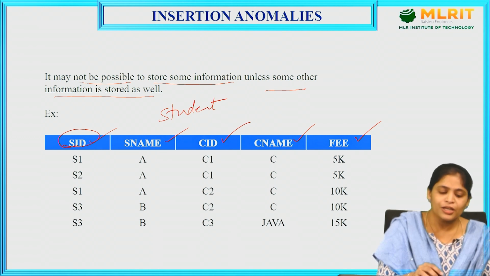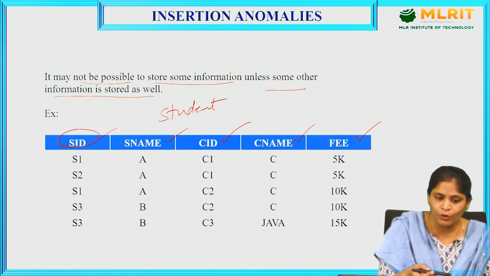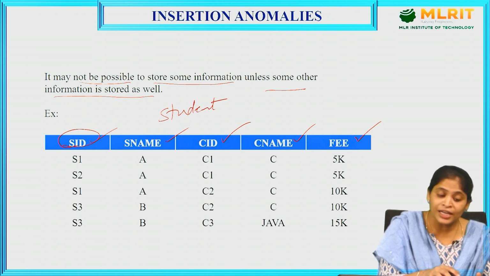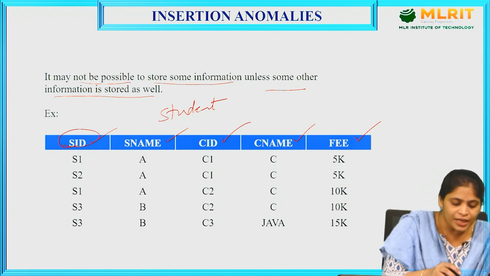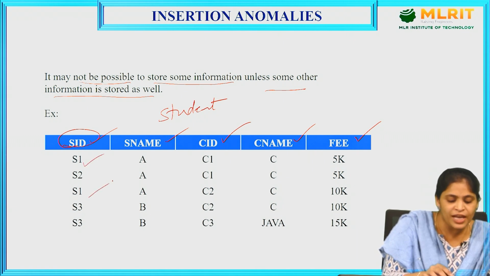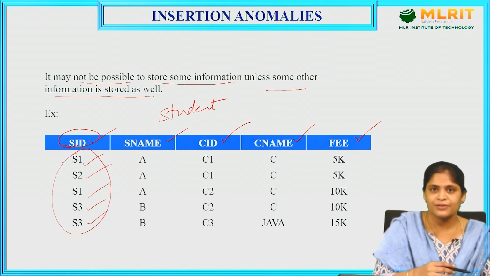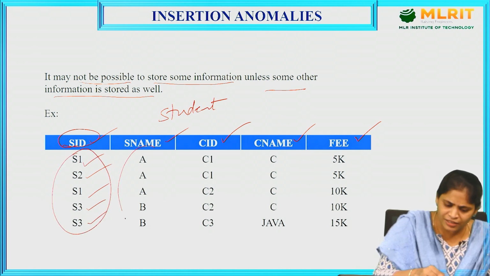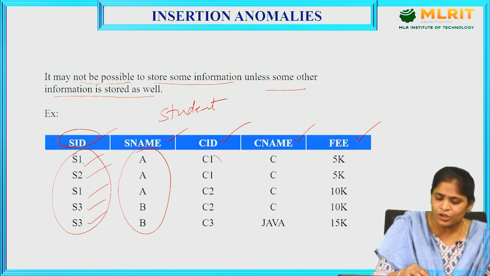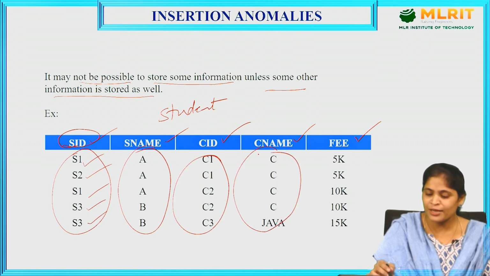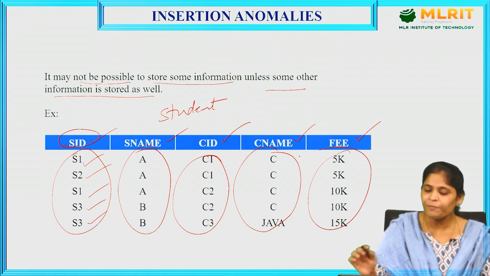But to explore this redundancy concept, here particularly I am going to take the duplication of data in SIDs also. So S1 has been repeated, next S2, next S3 has been repeated. We have redundancies in SID, and duplication of data in SName, in course, course name, and fee.